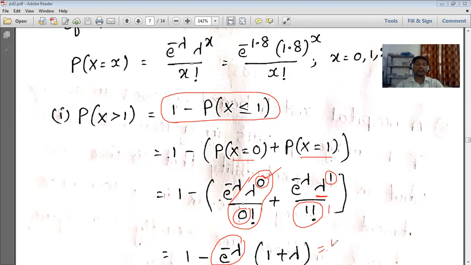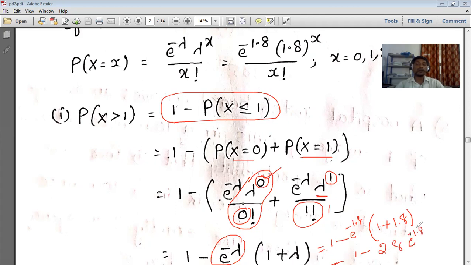Simply, which is equal to 1 minus e power minus 1.8 into 1 plus lambda value, we know that is 1.8. And we can write this one as 1 minus 1 plus 1.8, 2.8, into e power minus 1.8.